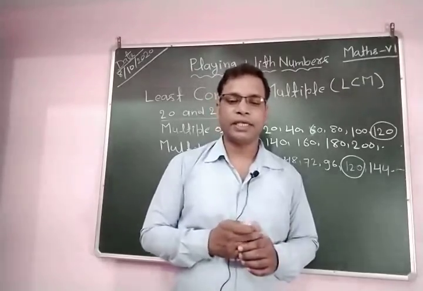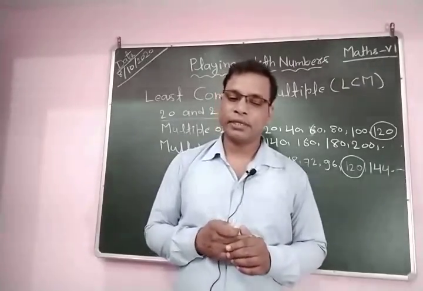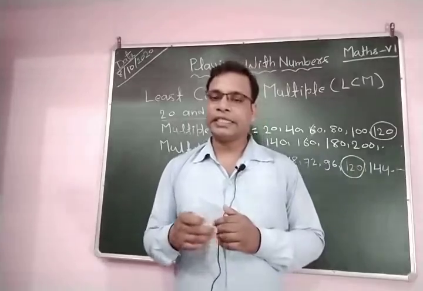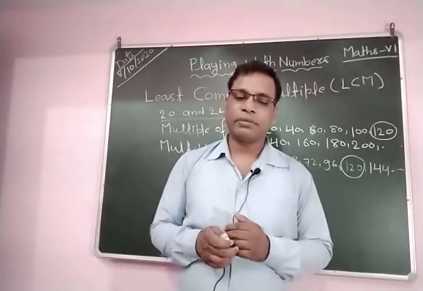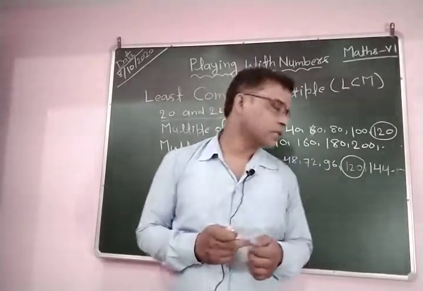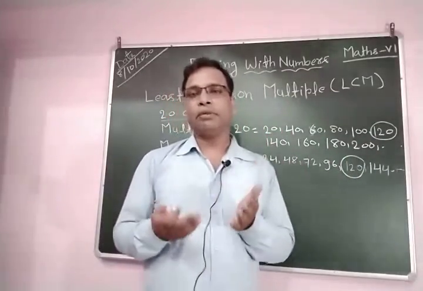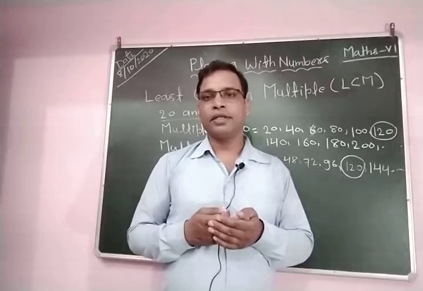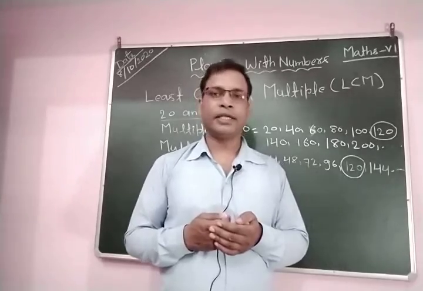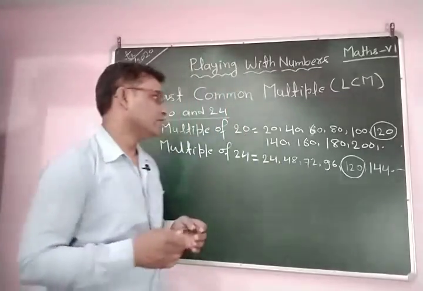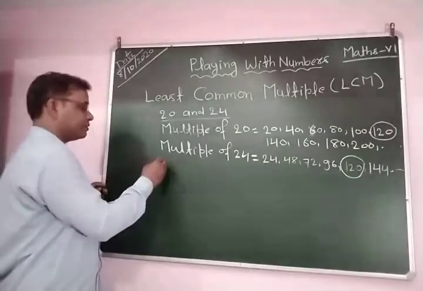You can notice that the multiples of both numbers have been written in increasing order, and the first common multiple is 120. After this, the next common multiple is 240. Clear?